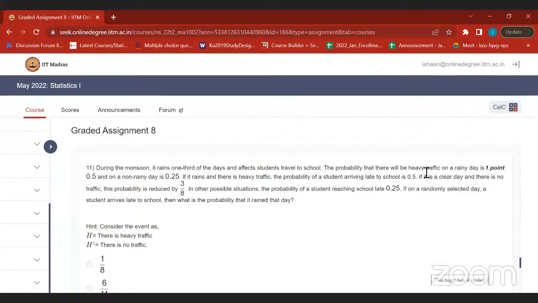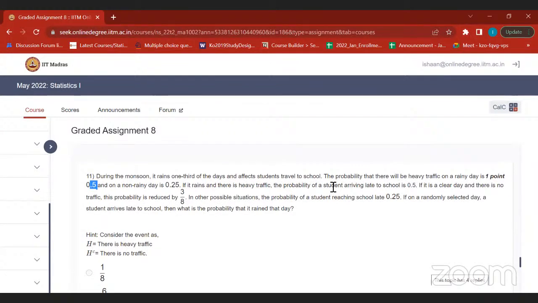It is given that it is a rainy day, and then the probability of heavy traffic is 0.5. You will get an understanding the more you practice such questions. The only problem with this question is you are not able to convert English statements into event terms, right? If you crack that thing, it's almost done.